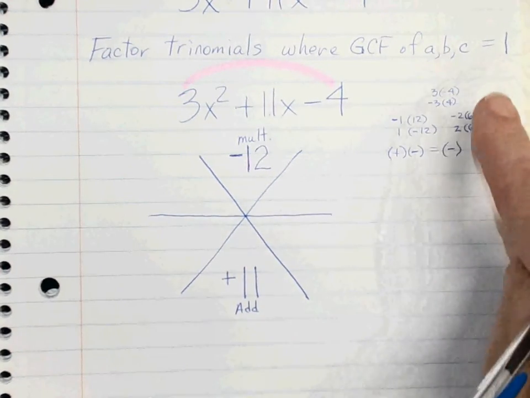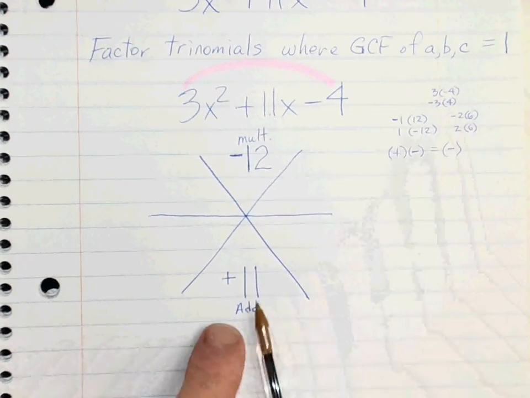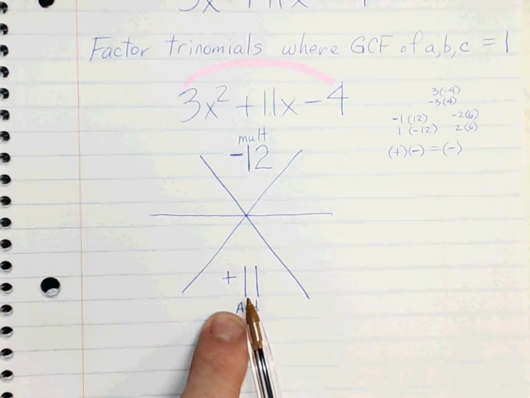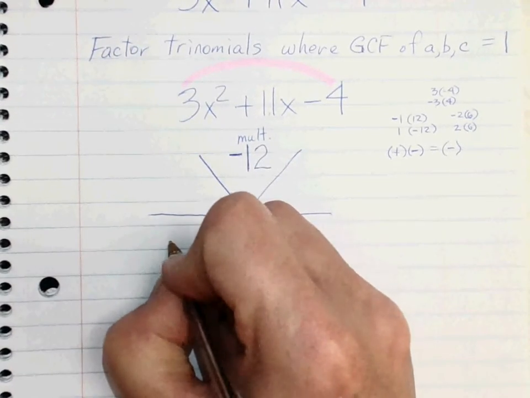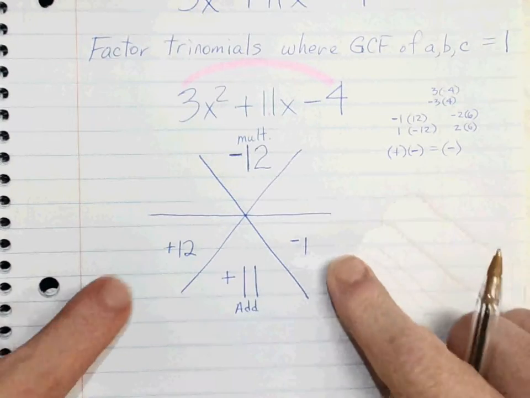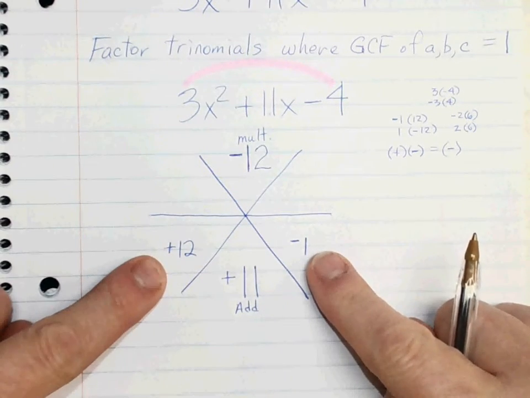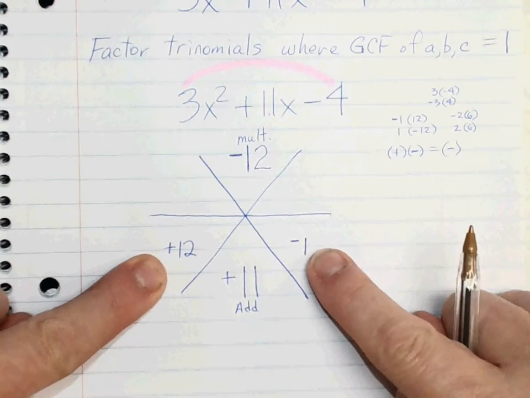So there are a variety of ways that I can multiply to get a negative 12, but only one of these will turn around and add to a positive 11. The one that I need to pick in this particular case is going to be the positive 12 times a negative 1. And I'm going to put those down here at the bottom two remaining slots. So take a look at these two numbers right here.